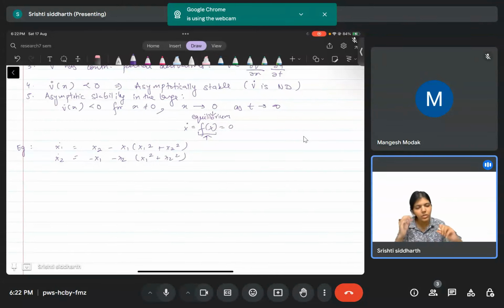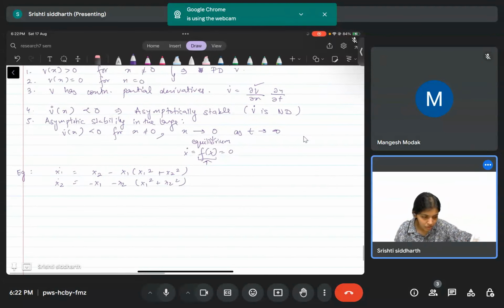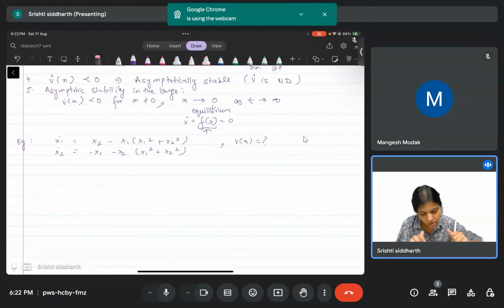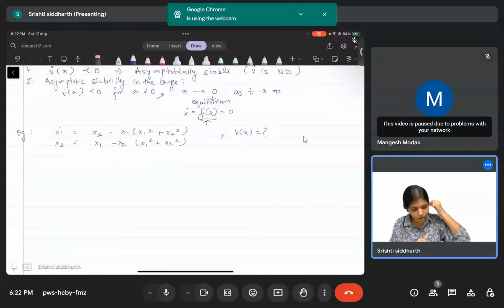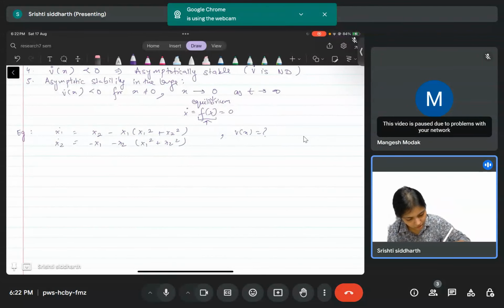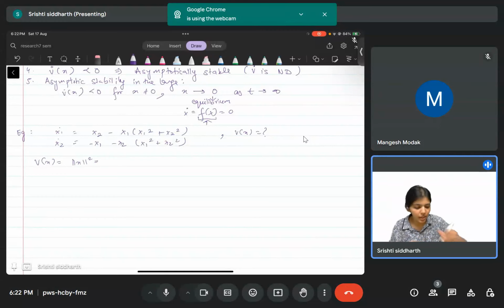We have to talk about the stability of the system. You can observe that we are not given what V of x should be. It was mentioned in one of the previous questions, and one obvious choice for the Lyapunov function is this norm squared. So for our case, it is just x1 squared plus x2 squared.